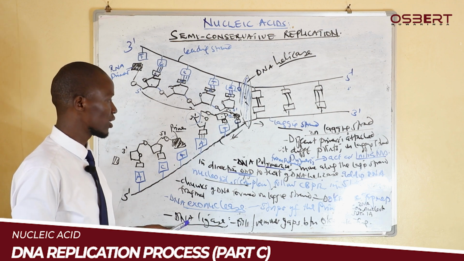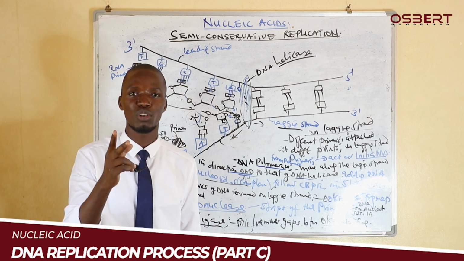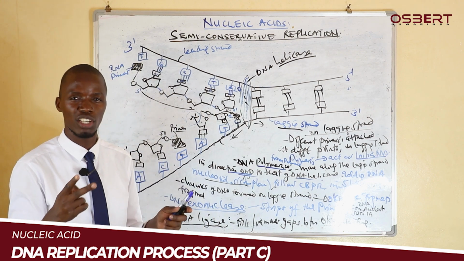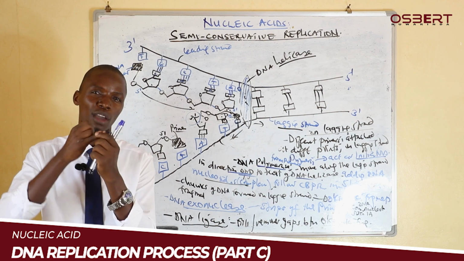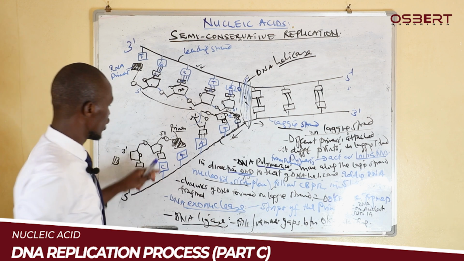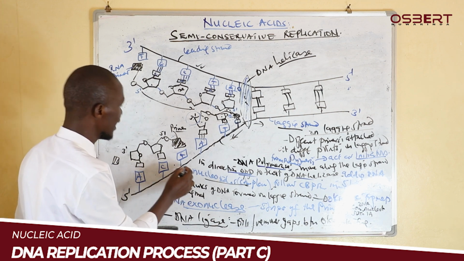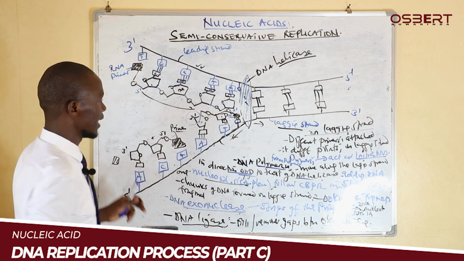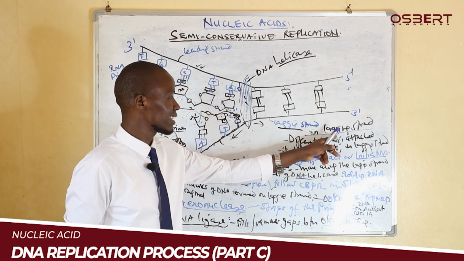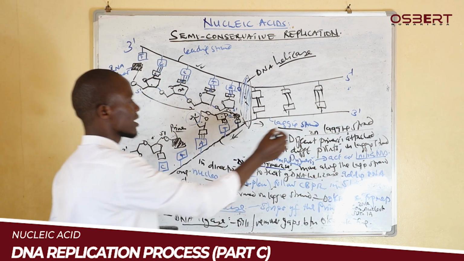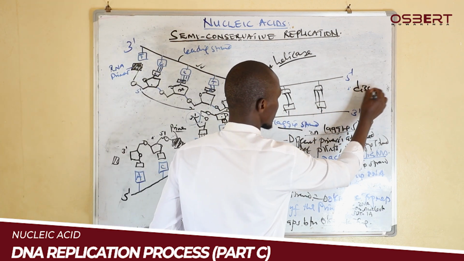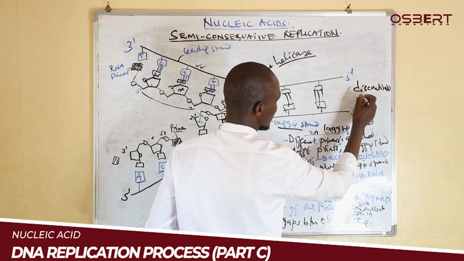And at the end of the day, you end up having two molecules of DNA, each made up of two strands, whereby one strand is the original and the other is brand new. Here you have the original DNA, and here we have the brand new being added. So because of what is happening on the lagging strand, we say this lagging strand undergoes discontinuous replication.